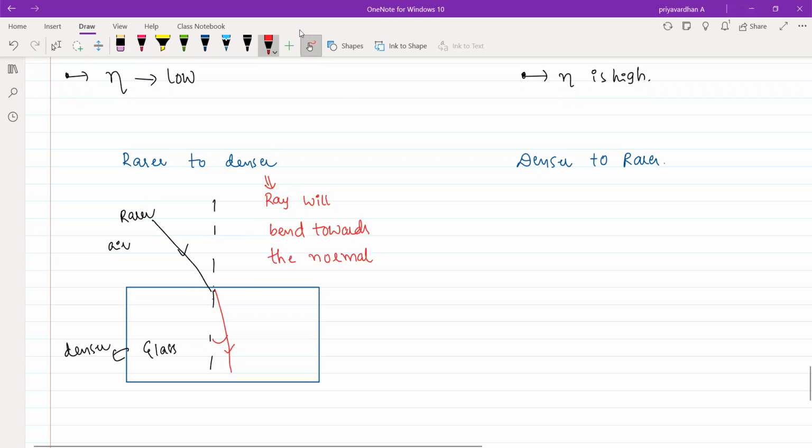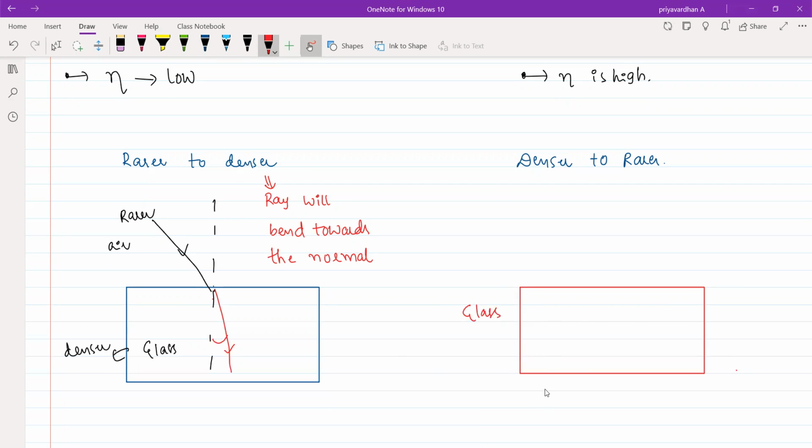The same phenomenon I can take with a different diagram. I can say this is glass and this is air, so I'm constructing a normal. Assume that light has reached the glass already.